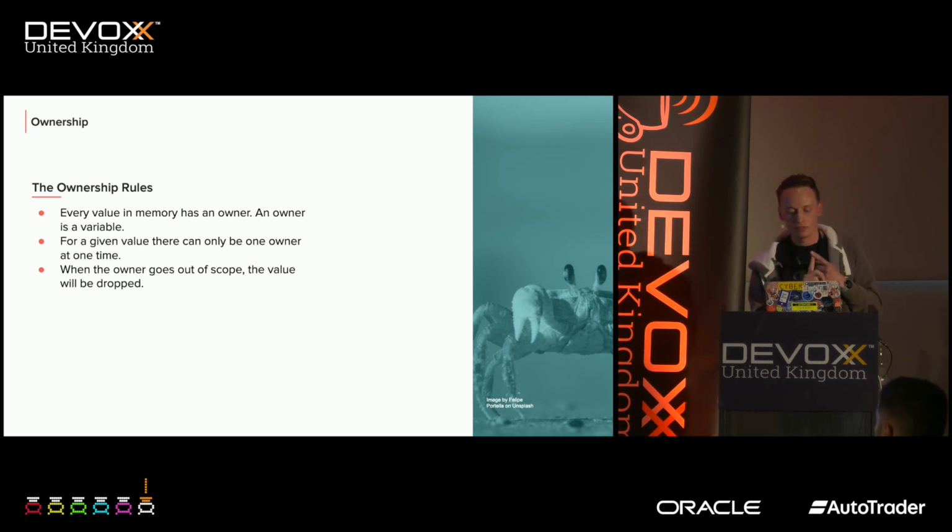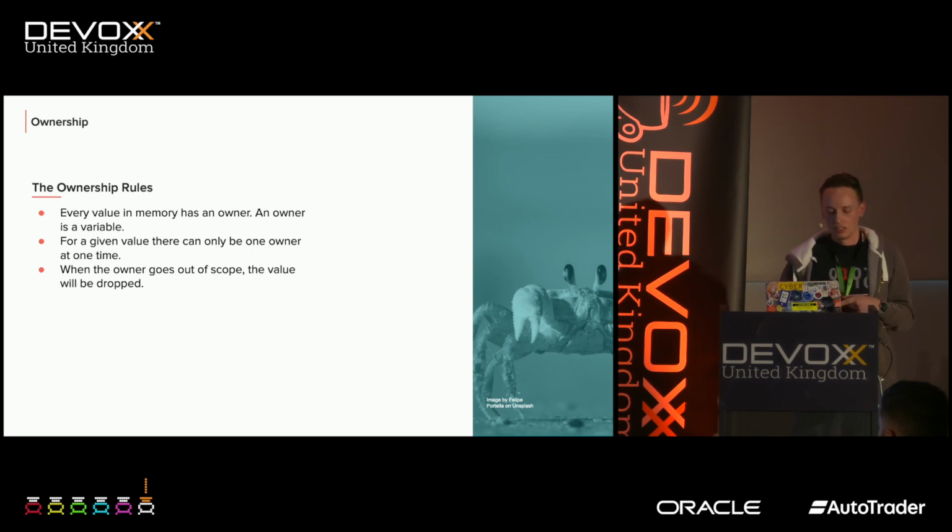For a given value, there can only be one owner at one time. And when an owner goes out of scope, the value will be dropped. So every value in memory belongs to a variable. You can transfer that value to a different variable, but it must belong to a variable, and it can only belong to one at a time. And when that owner goes out of scope, the value will be deleted from memory. That's all ownership is.